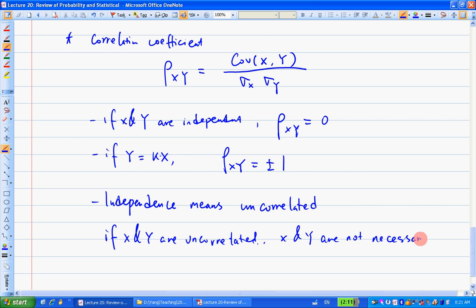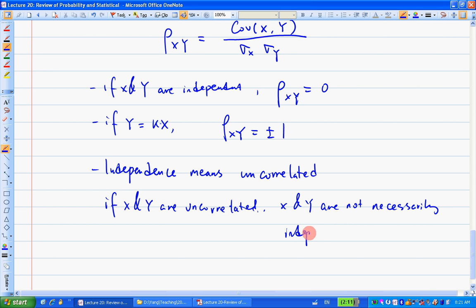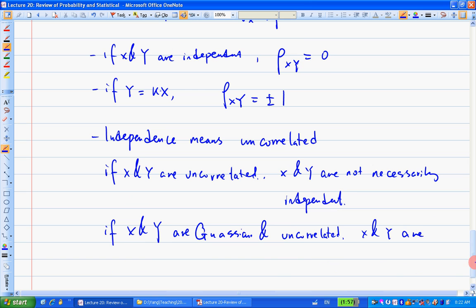They are not necessarily independent. But if both of the random variables are Gaussian and uncorrelated, then they must be independent. So this is some of the connection here.